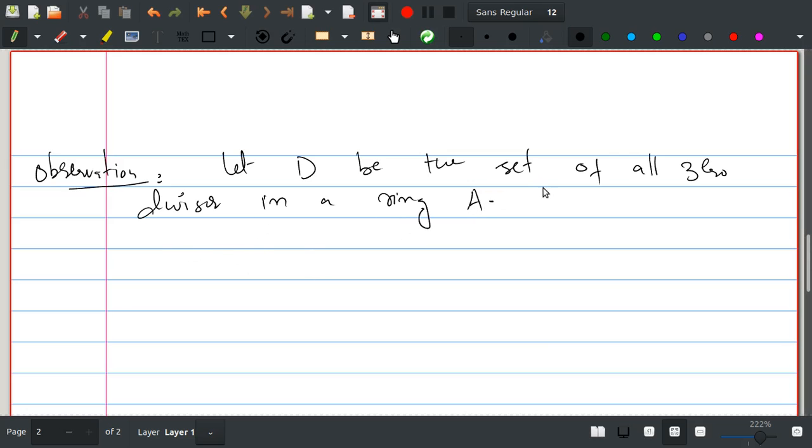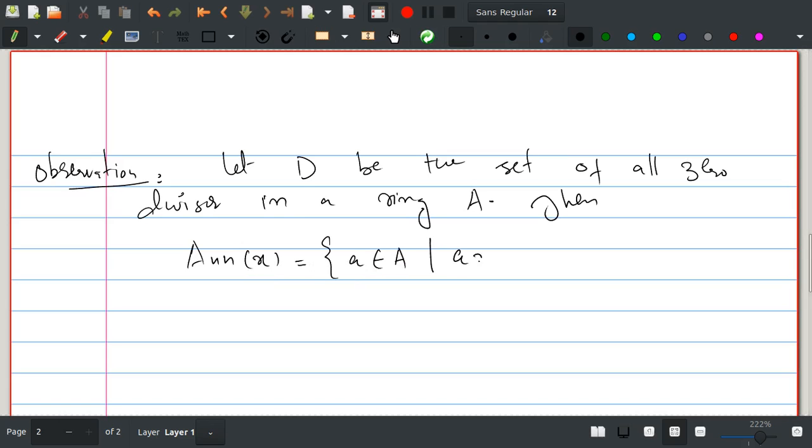Then the annihilator of x, if we look at this set here, is the set of all elements a in A such that ax is 0, or such that ax is contained in the 0 ideal.